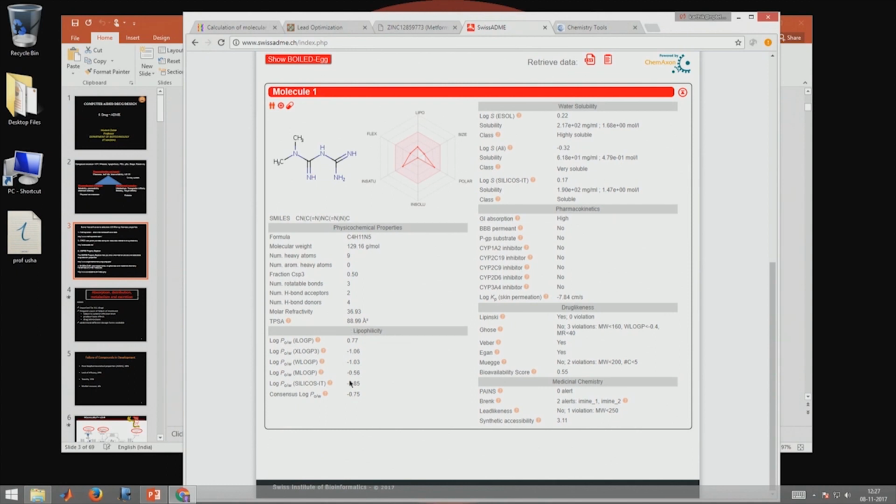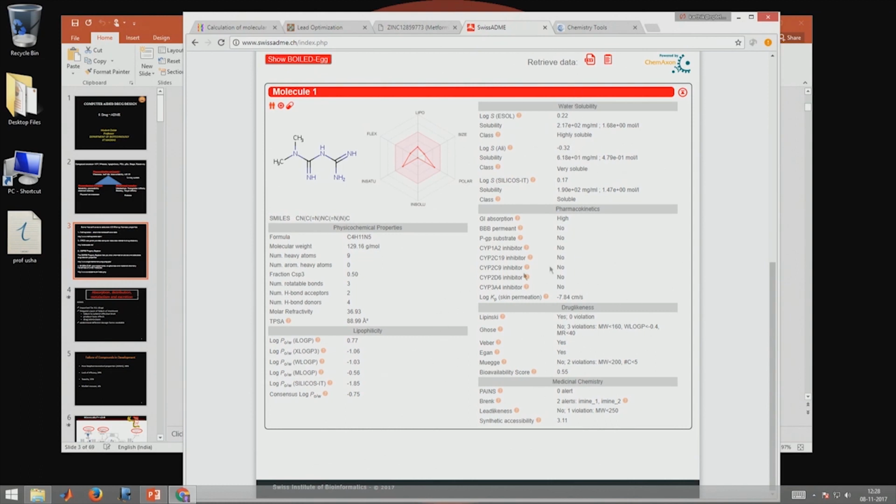So it gives you an average or consensus log P in the bottom. It gives you total polar surface area, molecular refractivity, hydrogen bond donors, hydrogen bond acceptors, molecular weight, GI absorption, then blood brain barrier, then PGP, that is P glycoprotein. Does it act as a substrate for that? No. It gives you solubility data here.